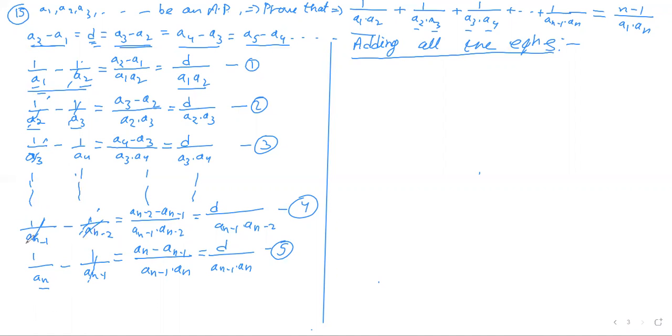So if we add the left hand sides of all the equations, we get 1 by an as the positive term minus 1 by a1 as the negative. That one was not wrong, sorry.